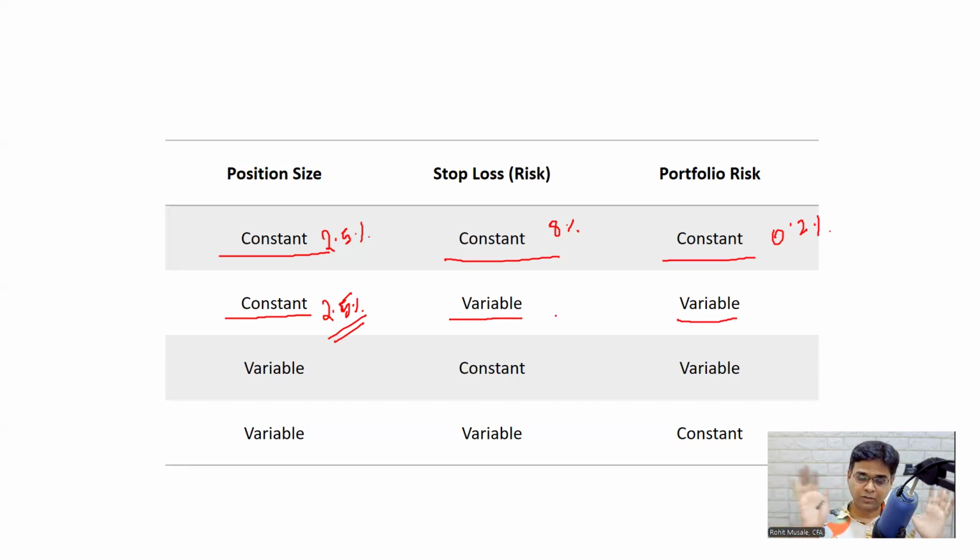You decide based on whatever technical factor that you see on the chart, you decide what stop loss you want to keep. So that means you're not taking the same amount of risk on every stock in that watch list. Your position size is the same across all the five stocks. What could possibly be the advantage of this system?